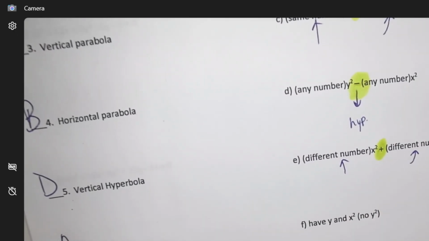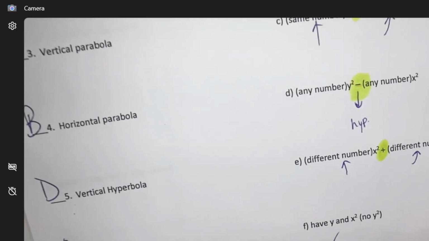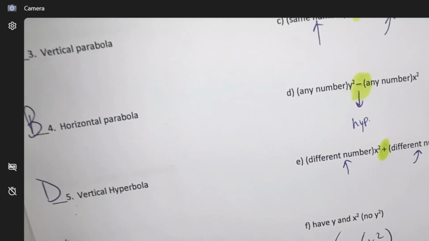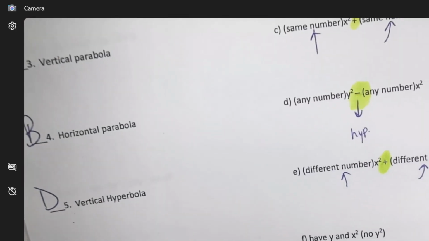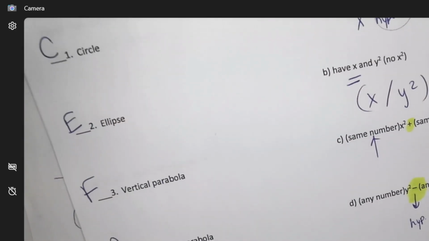So when you add, but they're different, it's an ellipse. And then the last one, if you had a y in it and just a y and an x squared, that's a vertical parabola. Okay, did you get C, E, F, B, D, A?